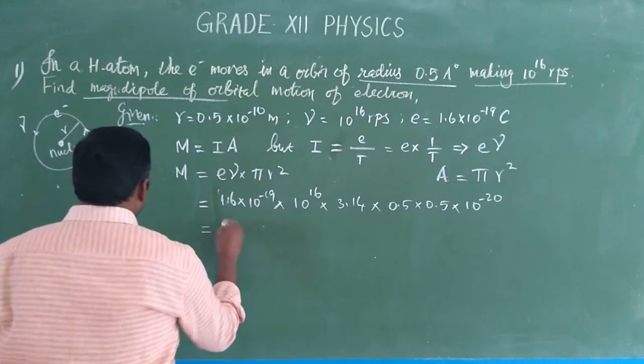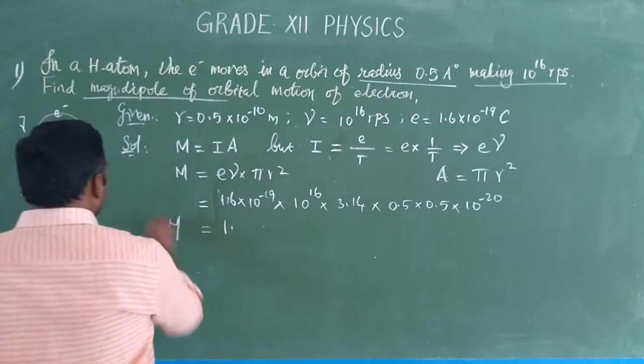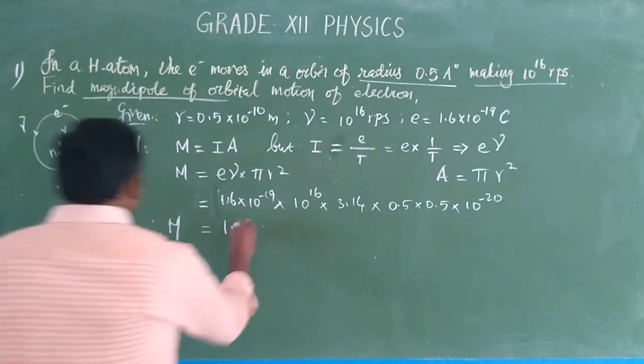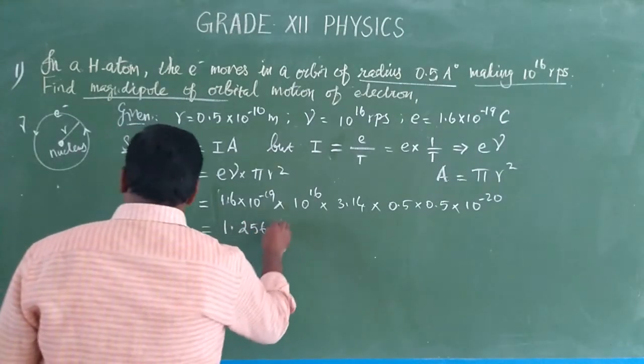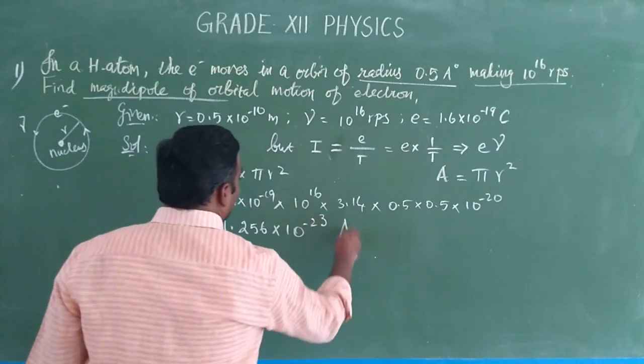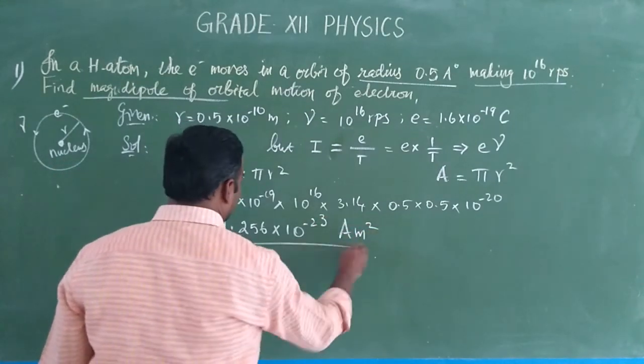After the simplification, finally the magnetic dipole moment of the revolving electron in a hydrogen atom is 1.256 into 10 to the power minus 23 ampere meter square.